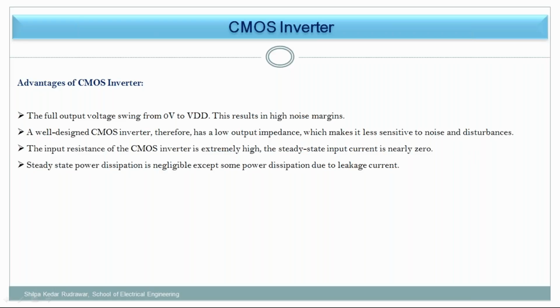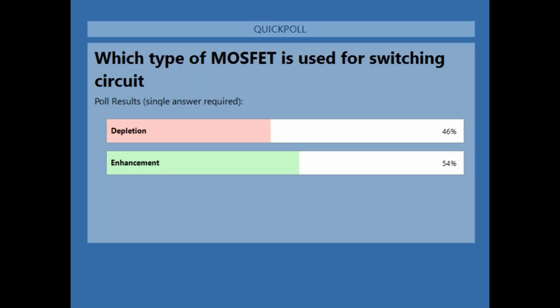77% of students voted, and I'm not that happy seeing the result. Hope you are able to see the result. As I told you so many times, from the first lecture I'm repeating, still you are not concentrating, as this result shows you are saying depletion MOSFET. What is meant by depletion MOSFET? Depletion MOSFET is already on. Even when you are not giving input, it is already on.